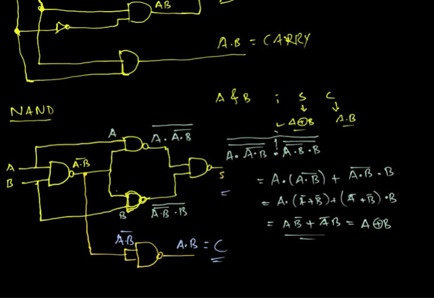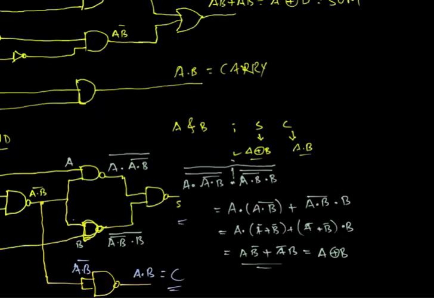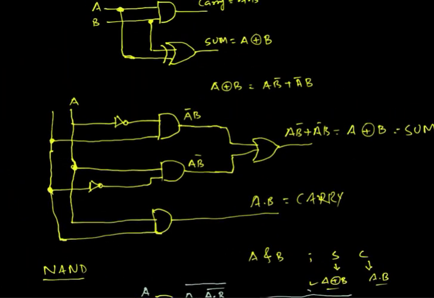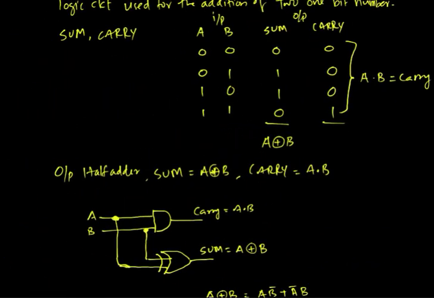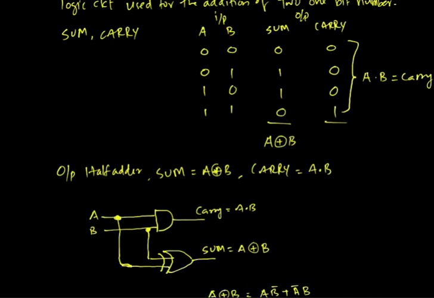The main problem with a half adder is that it cannot accept a carry in from the previous addition. That means if you consider this addition of 2 bits, for the combination 1 1, we can have a sum 0 and carry 1. Now suppose we have a third bit.